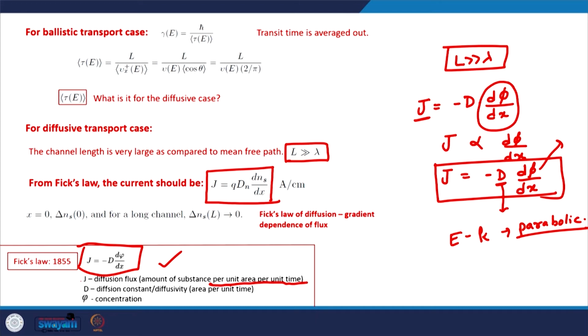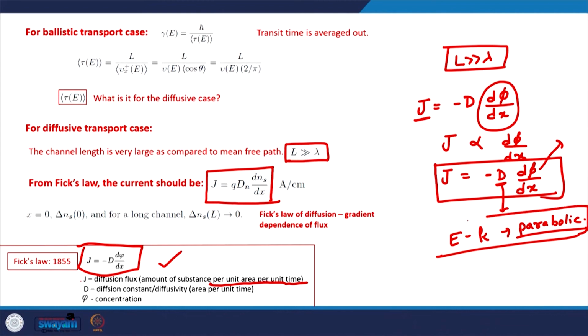There are some scenarios in which Fick's law of diffusion does not hold true, for example when a fluid is going through a porous medium, but generally when there is no restriction in the flow, the diffusion of classical particles follows Fick's law. So, we can use Fick's law for electrons as well, when the electrons can be treated as classical particles of mass equal to the effective mass.